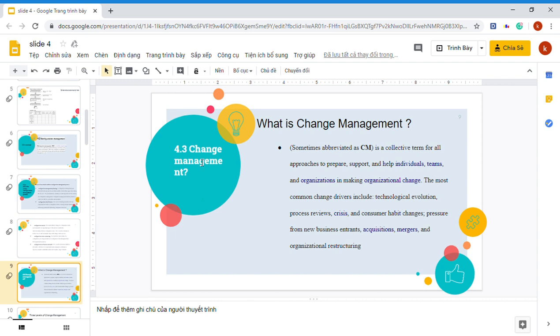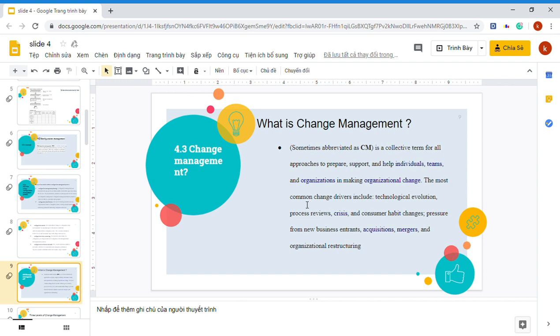Next, point 3, change management. What is change management? It is a collective term for all approaches to prepare, support, and help individuals, teams, and organizations in making organizational change.